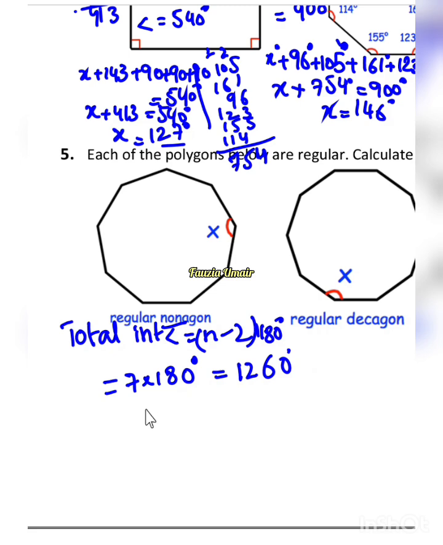Now I will just divide this, so each interior angle would be 1260, the total angle, divided by the number of corners. So 9 corners.